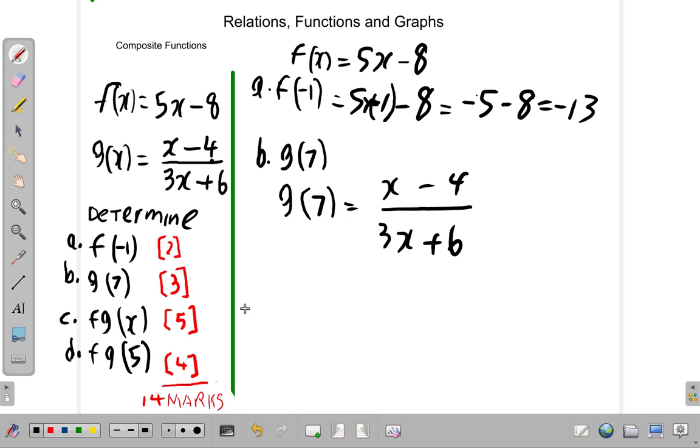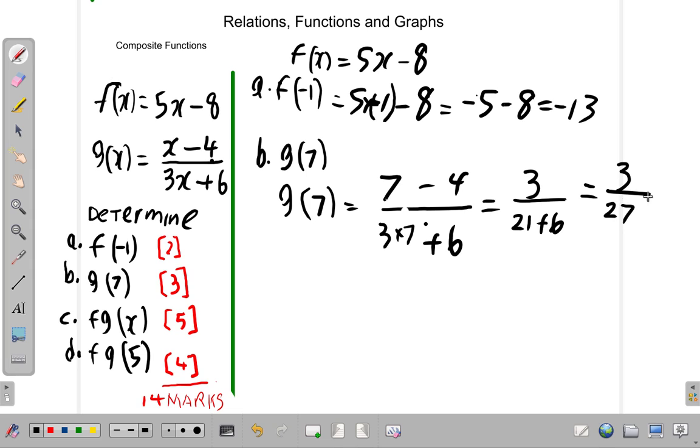This x must be erased and replaced with 7. 7 minus 4 up top. 3 multiplied by x plus 6 will become 3 multiplied by 7 plus 6. So 7 minus 4 up here, that's going to be 3 divided by 3 by 7 is 21 plus 6. So what you have is 3 divided by 21 plus 6 is 27.